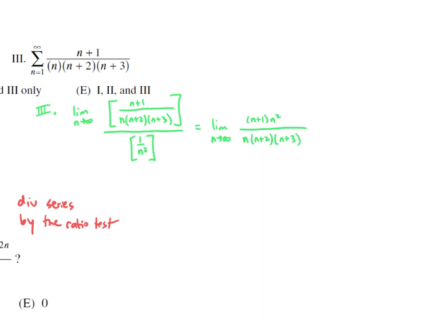We could distribute this, but I don't really care too much. Top has a degree of 3. The bottom has a degree of 3. The ratio of the leading coefficients gives me 1, and that's greater than 0.